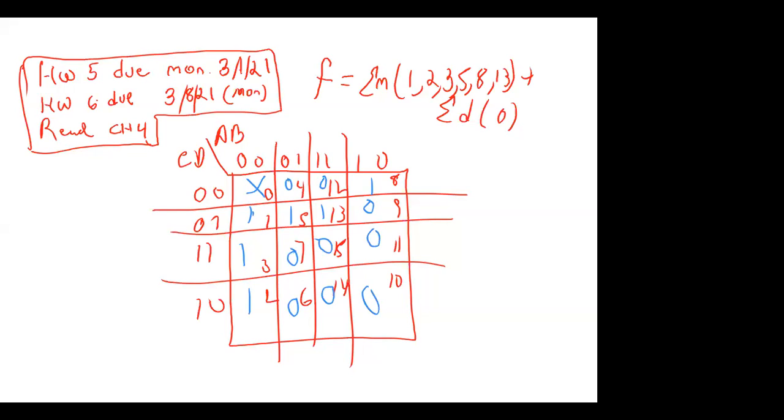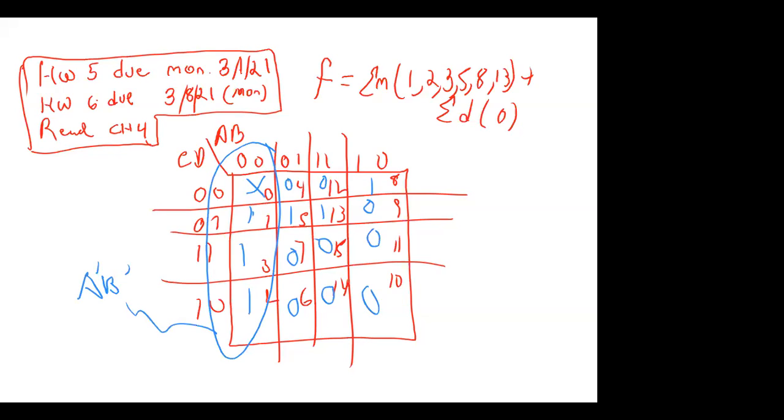I wonder if somebody would like to suggest something to loop. What's our biggest loop? 0, 1, 3, and 2. There you go. And with that loop, what product term do I write? A prime, B prime. There you go. And I think there must be some way to loop element 8.